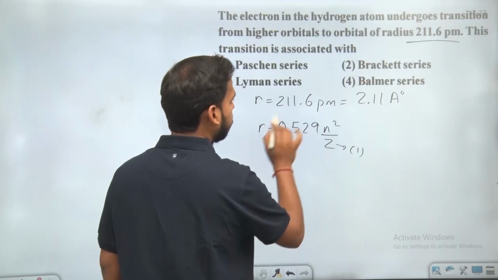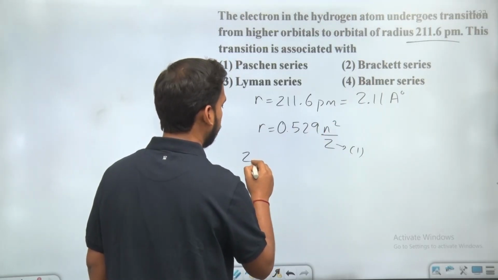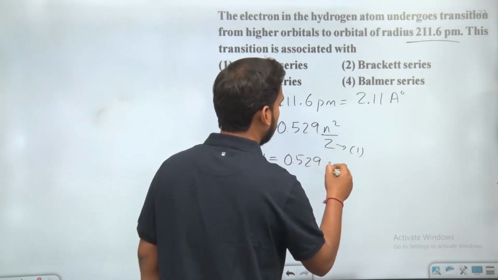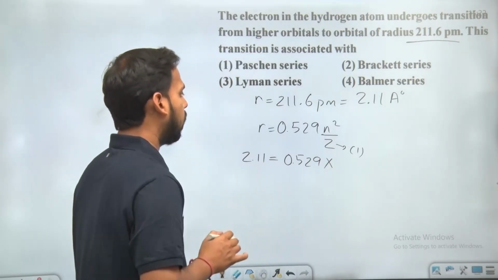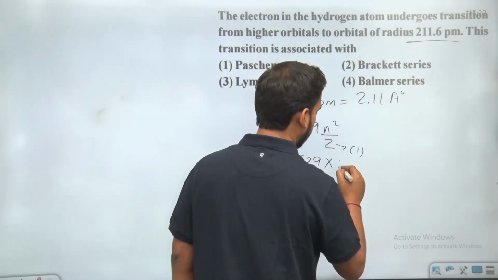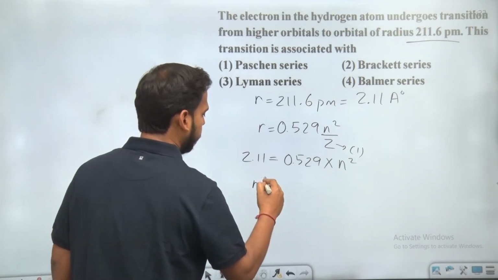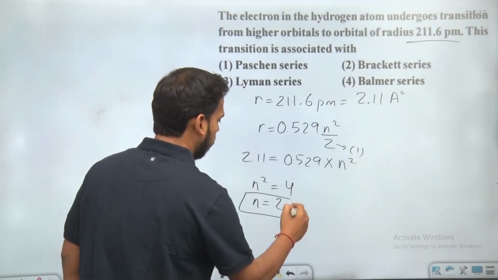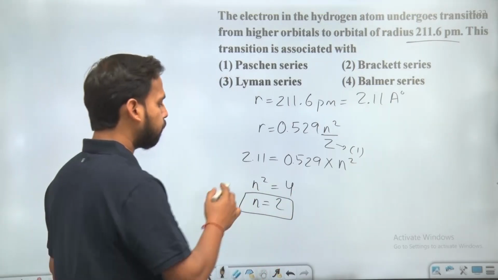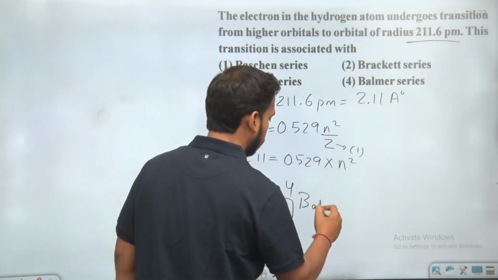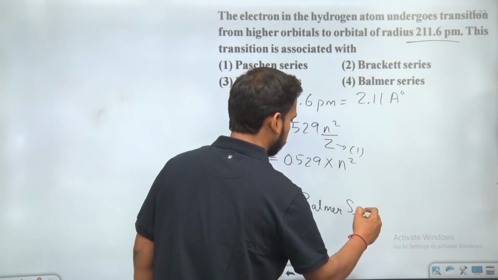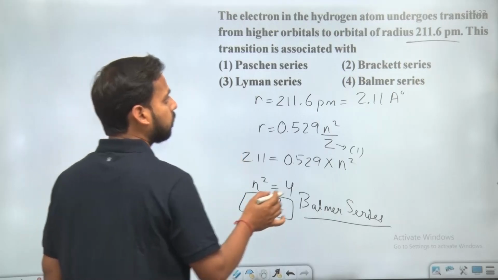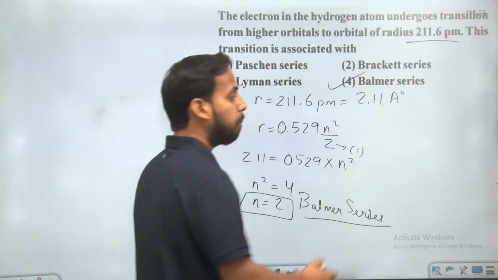So the radius is given as 2.11 angstrom, equal to 0.529 into n square. From here we have to calculate the value of n. So n square we will get as 4, and so n comes out to be 2. And when n is equal to 2, it belongs to the Balmer series. So the fourth option is correct. That is the Balmer series.